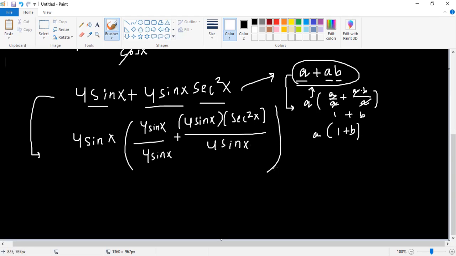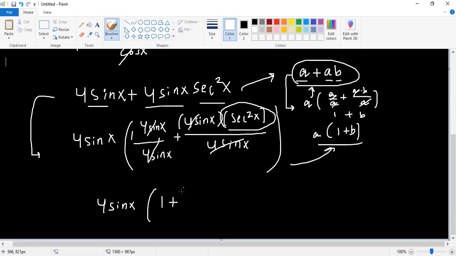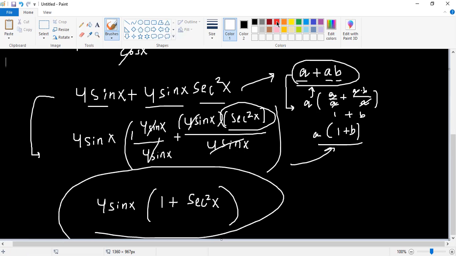And it's the same thing as we worked out here. So 4 sine of x would cancel out, and that would simplify to 1. 4 sine of x would cancel out with 4 sine of x again, and we'd essentially be left with 4 sine of x with 1 plus secant square of x, which is the only thing that's left. So we're left with secant square of x, and that would essentially be our solution.